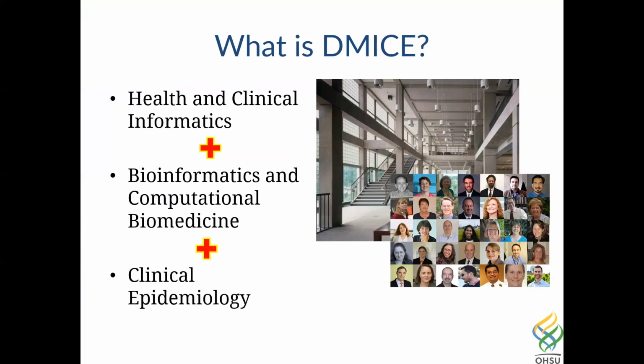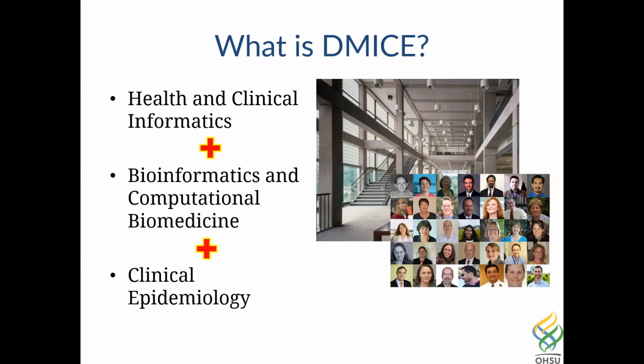So DMICE, as Bill mentioned, is the Department of Medical Informatics and Clinical Epidemiology. It's comprised of 3 loose divisions. Also, there's a lot of collaboration between folks in these loosely affiliated divisions. There's the Health and Clinical Informatics group, which does more clinical informatics work, operational work, and clinical informatics research. There are the folks who do bioinformatics and computational biomedicine.